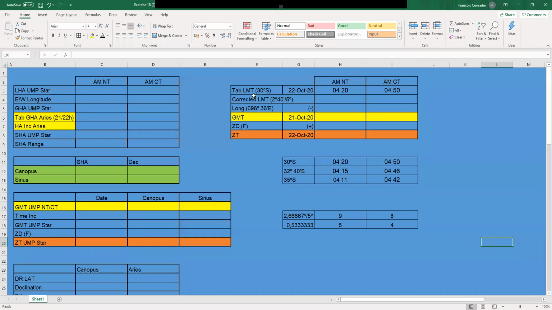So the corrected LMT, so we started with the tabulated LMT at 30 degrees south. Now the corrected LMT at our latitude, which is 3240, and you will see that I've got the same fraction that I had done here. So the corrected LMT at our latitude becomes 415 and 0446. Okay, so that's basically what we have over here.